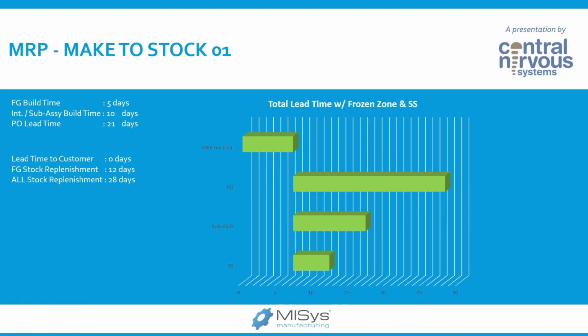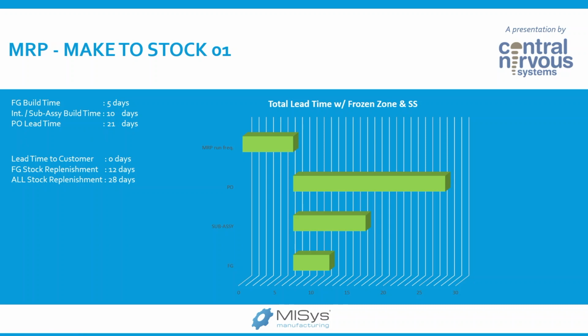The longest intermediary or sub-assembly build time is 10 days from all the sub-assemblies that it might require. And a purchase order lead time, meaning the longest lead time of any of our items, is 21 days. And your days might be way different than these. It doesn't really matter. Here we are just looking at the concept, and we're going to keep these 5, 10, and 21 days constant throughout the slides so we can compare and contrast accordingly.